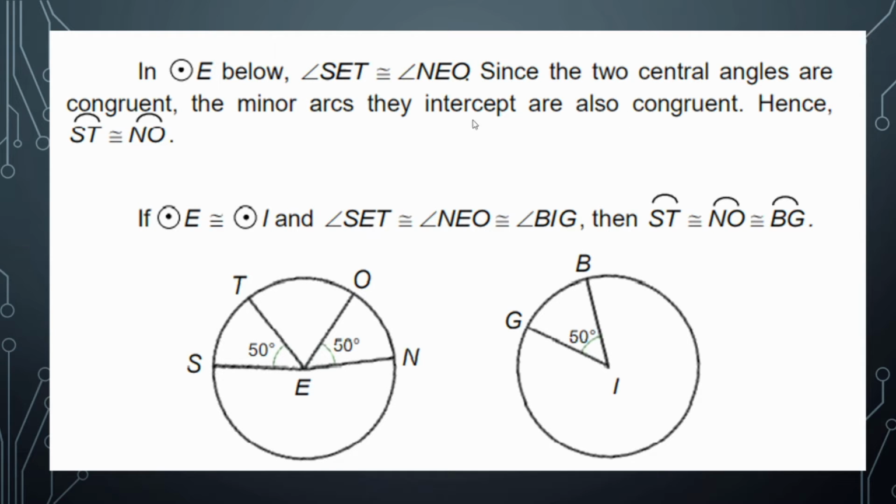Since the two central angles are congruent, the minor arcs that are intercepted, which are arc ST and arc ON, are said to be the intercepted arcs. Therefore, arc ST is also congruent with arc NO. If circle E is congruent with circle I and angle SET is congruent with angle NEO, it is also congruent with angle BIG. Then arc ST is congruent with arc NO and congruent with arc BG.